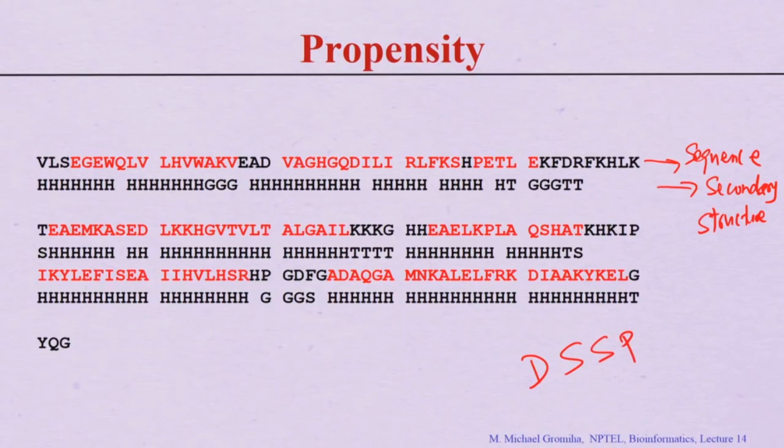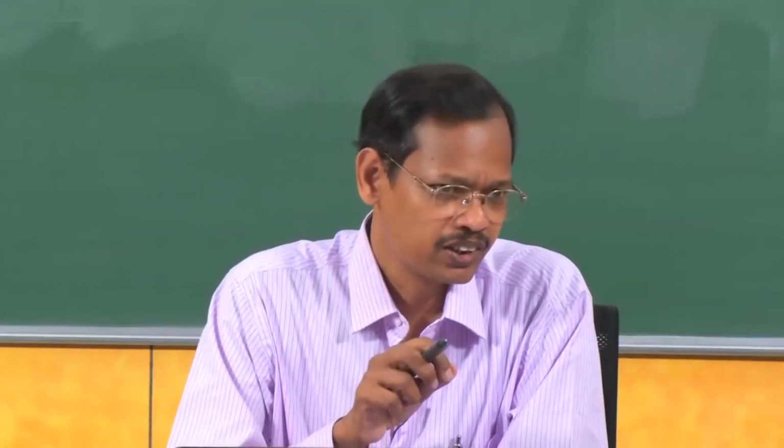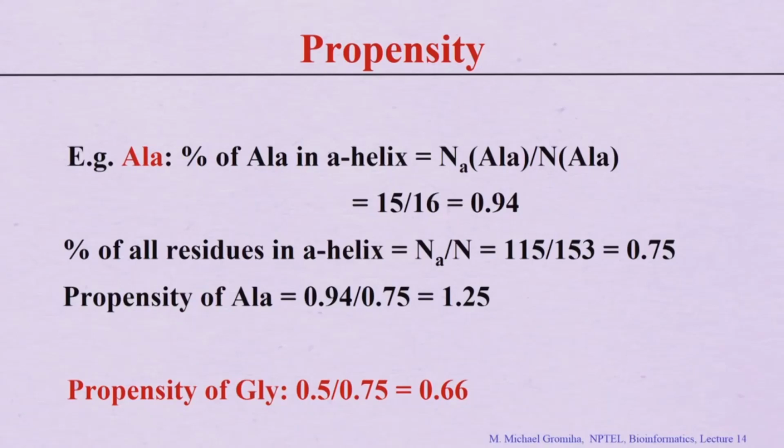Now, if you want to see the propensity, for example, if you take this protein, what is the propensity of alanine to be in alpha helix? How to calculate? It is the number of alanines in alpha helix divided by the number of alanines.